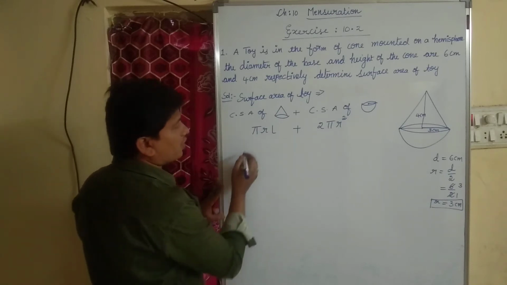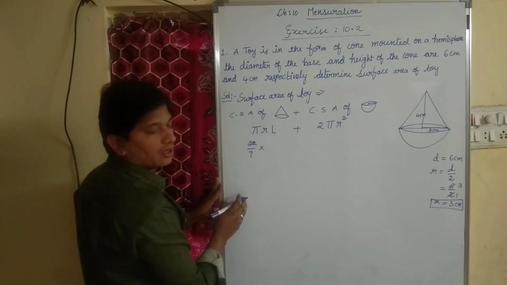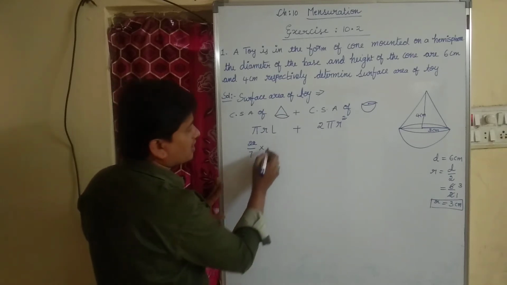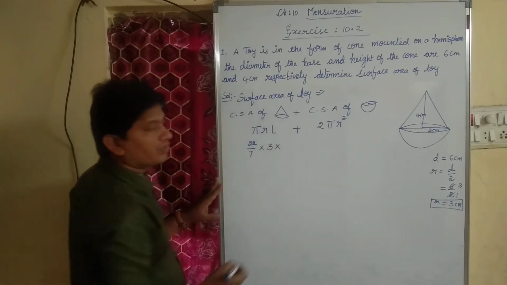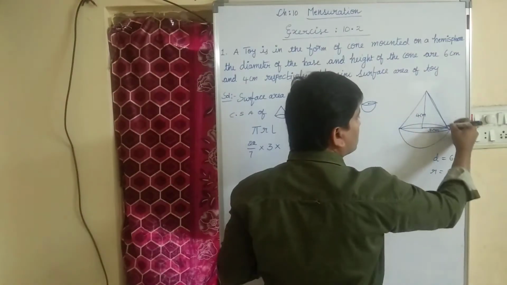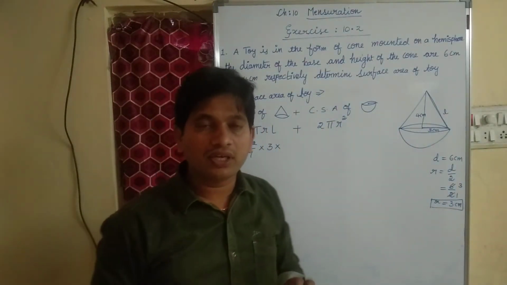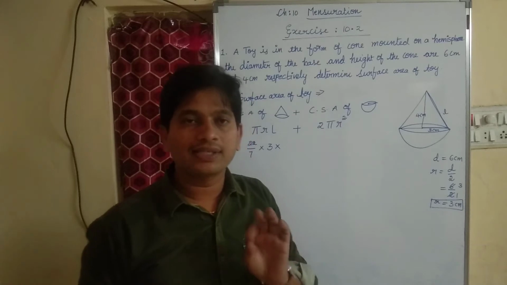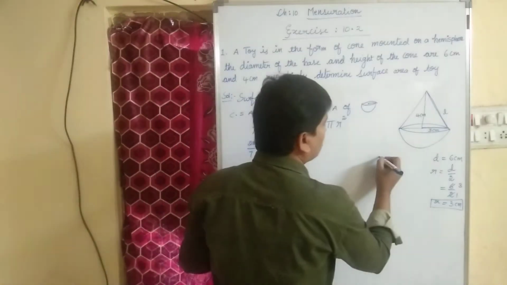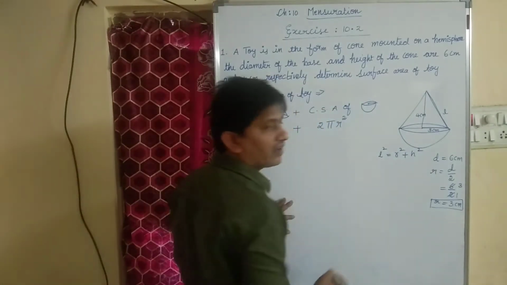As we know the value of pi is 22 by 7, into the radius of the cone, 3 centimeters, into l. You know children, what do you mean by l? l is nothing but the slant height. Also we know the relationship between radius, height and slant height: l square equals r square plus h square.